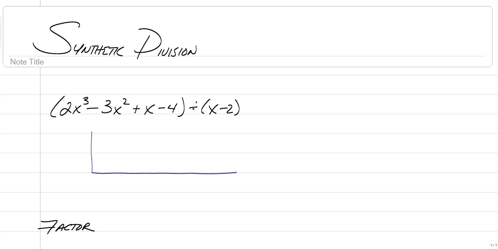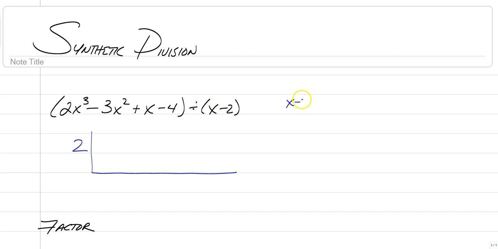So there's a couple of ways I've seen synthetic division done. Some people just use a little backwards L and put a 2 in the corner, but I like to do a bigger one just to help keep your work organized. So the first thing we're going to do is put a 2. Now you're probably wondering where I got the 2. The 2 comes from what you're dividing by.